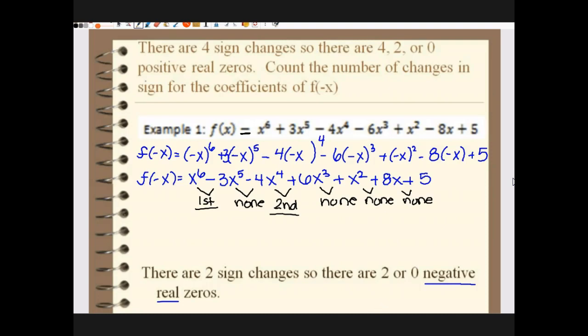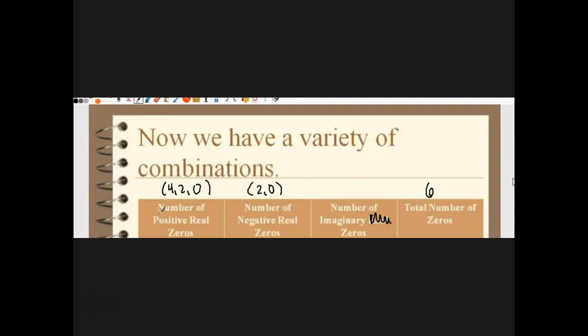So what that does is give a variety of combinations of solutions to this problem. So we're going to compare the number of real, positive, real negative, and complex. So you could have the number of real, the number of negative, the number of imaginary, and the total.